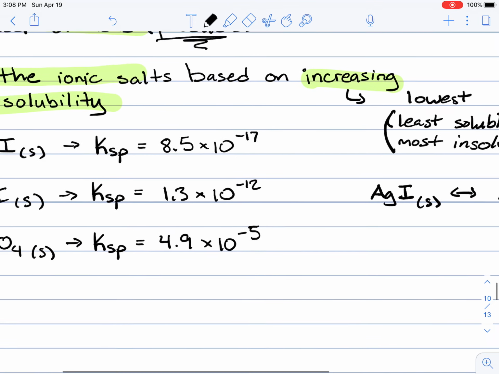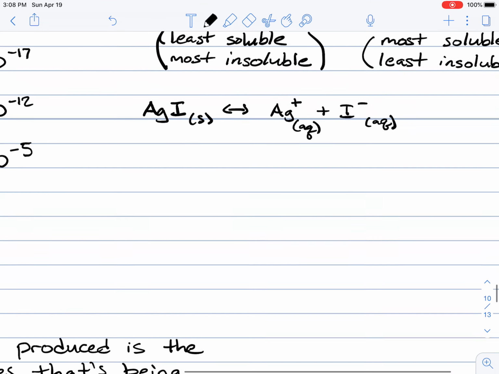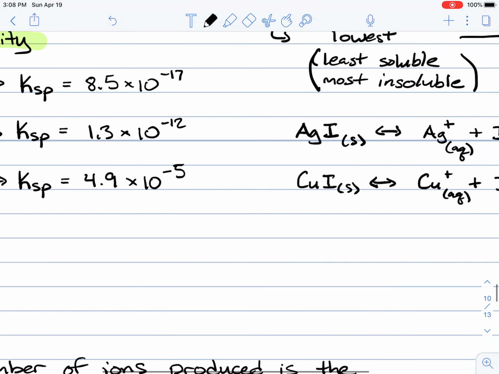Now, if we're looking at the second substance, copper(I) iodide, when a small portion of that slightly soluble salt separates, it's going to produce copper(I) ion and iodide ion.